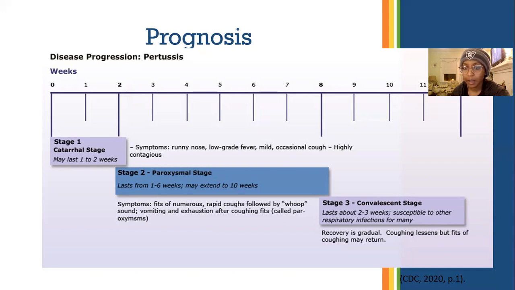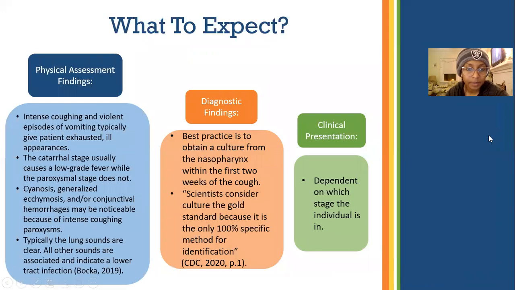Stage 3 is the convalescent stage, approximately 2 to 3 weeks long. During this time your body is recovering and you're coughing less, but you may have a return of the cough. It's kind of hit or miss during this phase, but it's basically on a downward trend. So that is the prognosis of this disease.